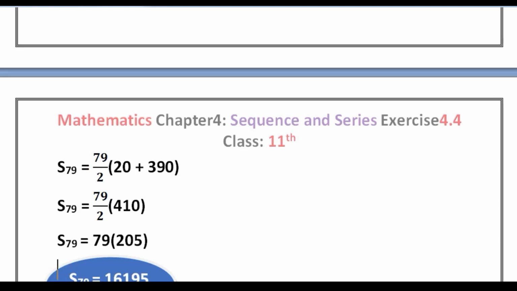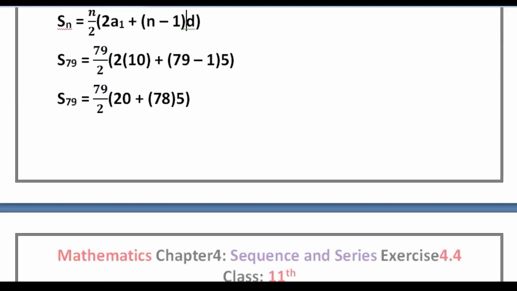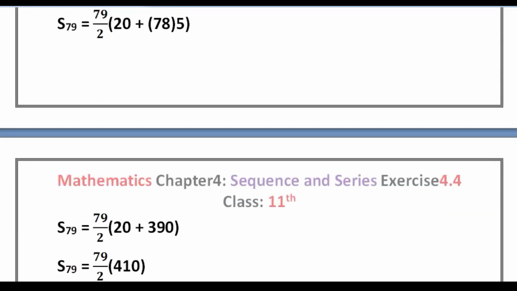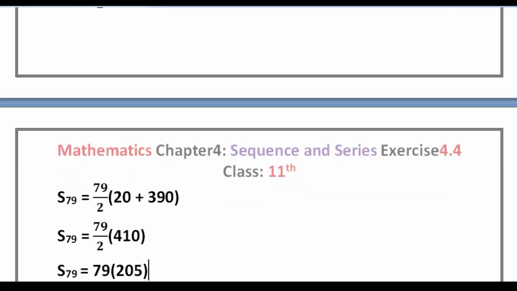S79 is equal to 79 divided by 2 into (20 plus 78 times 5, which is 390). 390 plus 20 is equal to 410.